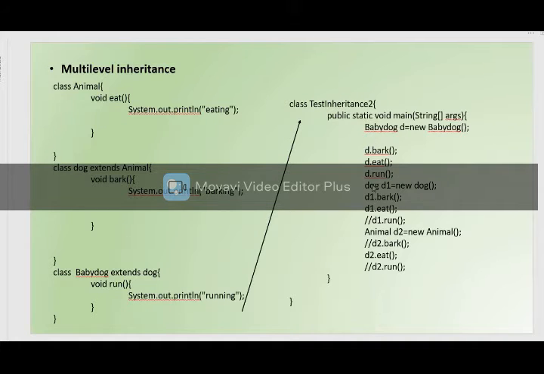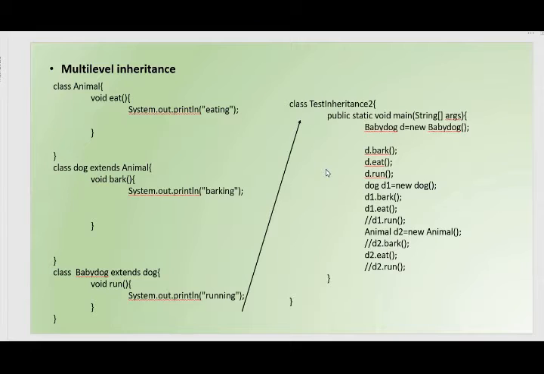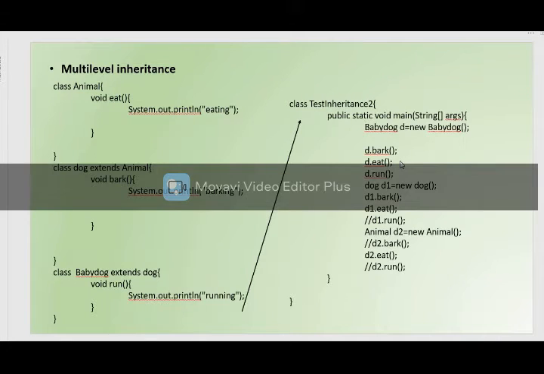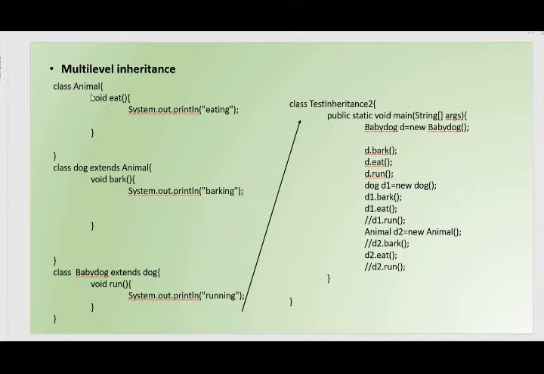When we use the BabyDog class to create the object, we can call every method of the program, because the BabyDog class can access the Dog class and Animal class. d.bark, is it correct? Yes, it is correct. d.bark prints barking on the screen, d.eat prints eating, and d.run prints running.